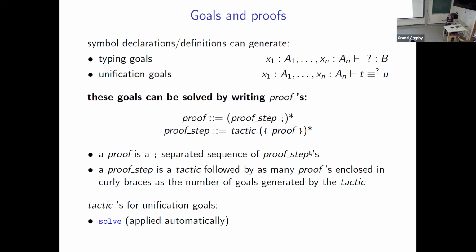So you have two kinds of problems. You have typing goals. A typing goal means that you have perhaps some assumptions, and you are looking for some expression of type B. This is the case if you want to prove a theorem, and then your theorem is a proof of some proposition, so it's B, and you are looking for a term having this type.